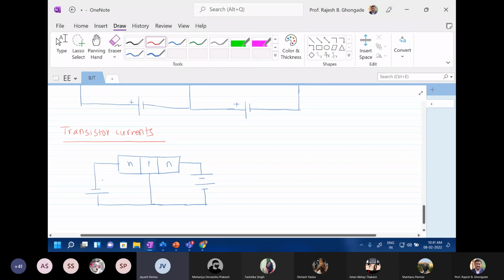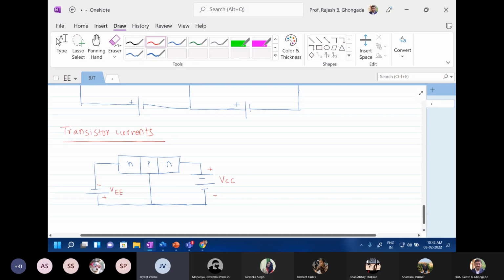So if I mark the currents in a conventional way, NPN में ये फॉरवर्ड बायस है, तो ये प्लस है, ये माइनस है, ये प्लस है, ये माइनस है, इसको बोलो VEE, इसको बोलो VCC. ठीक है.